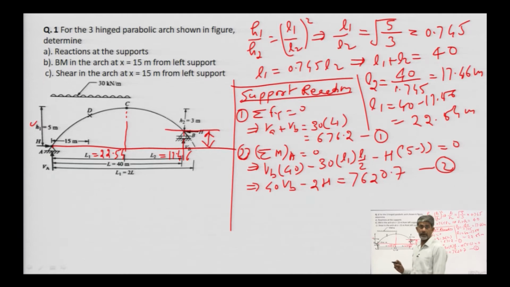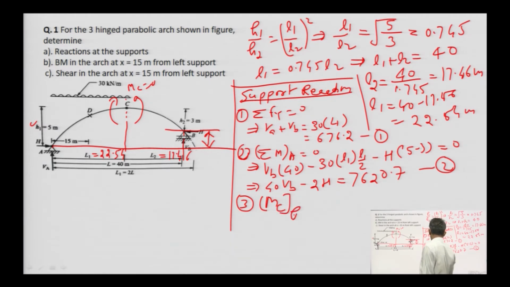For the third equation, we apply the bending moment at this point, the crown, equal to 0: Mc equals 0. We take the right part only, because there is no load on it. So, Mc for the right part equals 0.